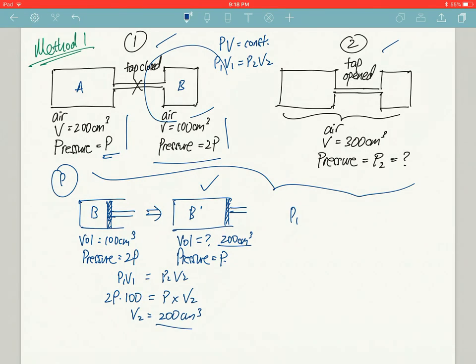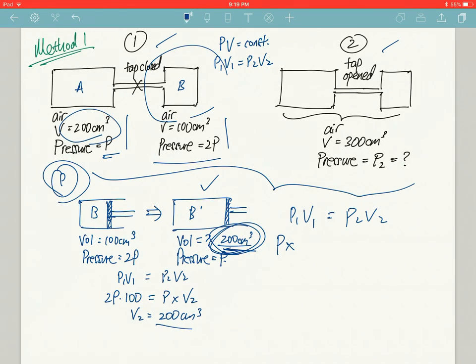So I'll be applying P1V1 equals P2V2 here. The pressure is fixed at a constant P, times the total volume, which will be the volume of cylinder B, which is 200, plus the volume of cylinder A, so the total will be 400.